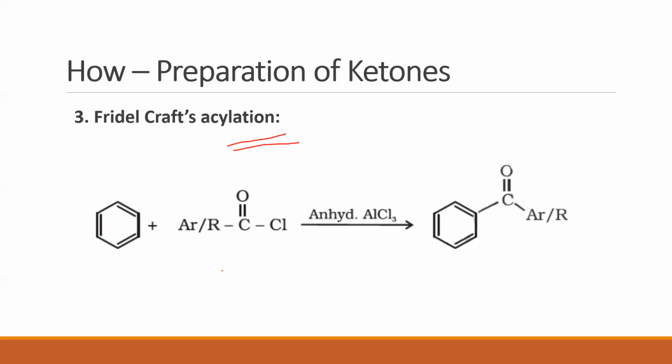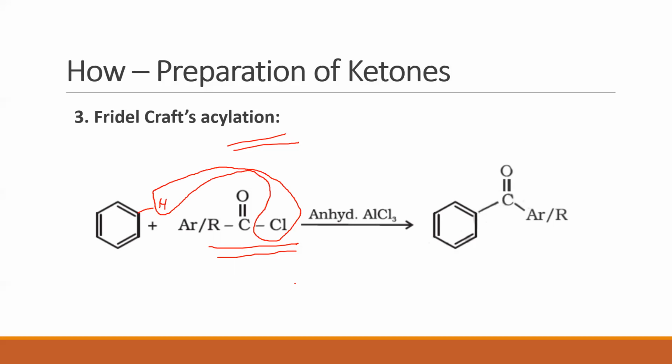For acylation, I need an acyl chloride. Here, an acyl chloride or an acid chloride. It reacts with benzene. One of the hydrogens of benzene is taken away by chlorine. Chlorine takes away this hydrogen as HCl.